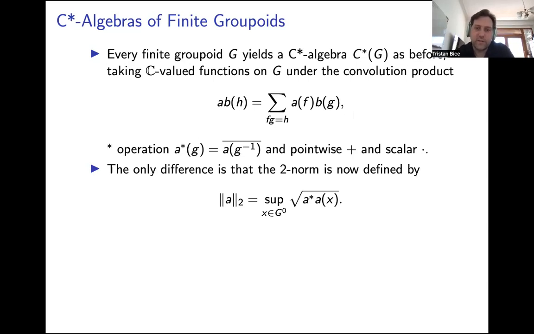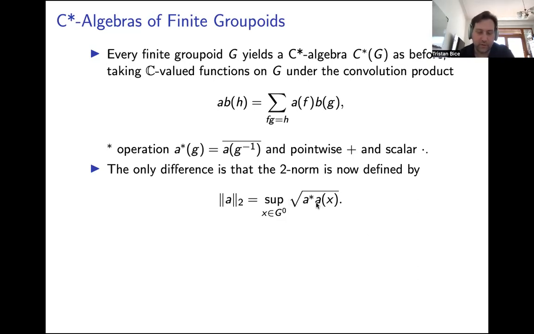I guess the only slight difference now is that to define your two norm, you have to do something a bit different. You now have, in a sense, many two norms because you have many units. You can always look at this value A star A at some unit X and take the square root. This will always be positive and will always define a semi-norm. But the key thing is it won't define a norm. For some single X, this could be zero even if A itself is not zero.